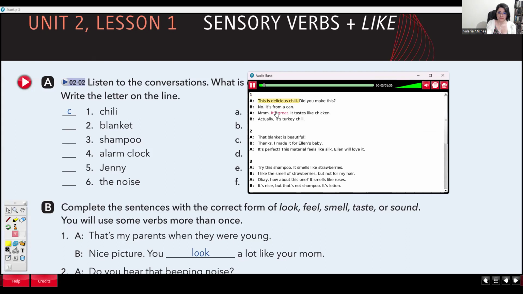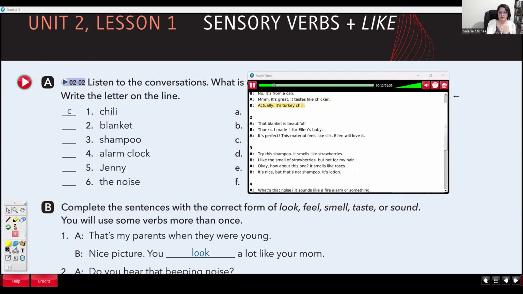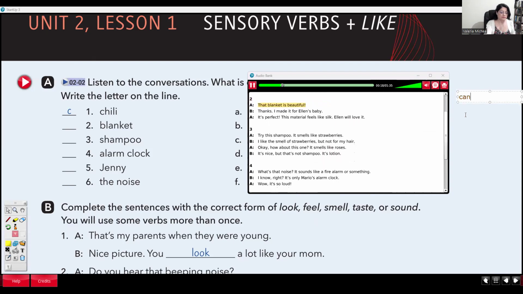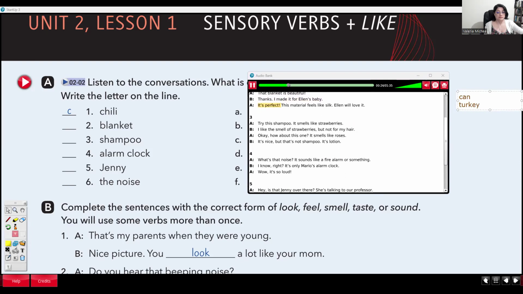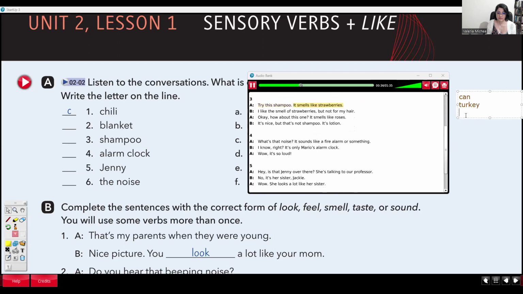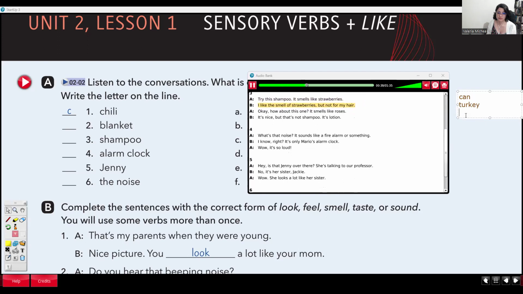1. This is delicious chili. Did you make this? No, it's from a can. Mmm, it's great. It tastes like chicken. Actually, it's turkey chili. 2. That blanket is beautiful. Thanks. I made it for Ellen's baby. It's perfect. This material feels like silk. Ellen will love it. 3. Try this shampoo. It smells like strawberries. I like the smell of strawberries, but not for my hair.